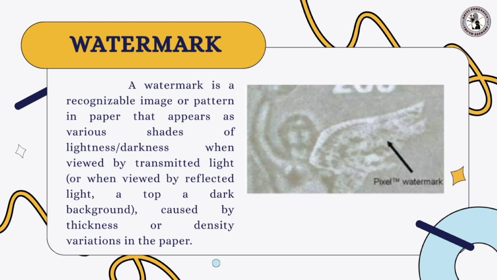It is one of the security features used to determine which type of paper it is, and it is put into the paper at the time of manufacturing only, as it is within the thickness of the paper. Thickness and density vary in the paper.